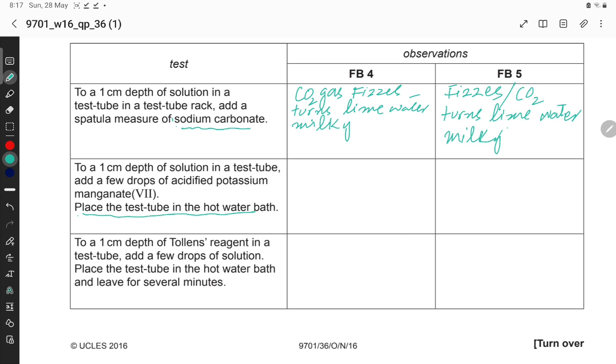The solution first turns from purple to pale yellow, and then colorless. Or no reaction.